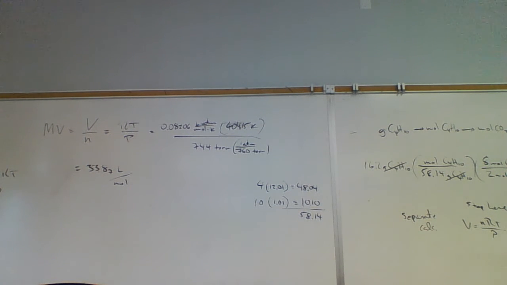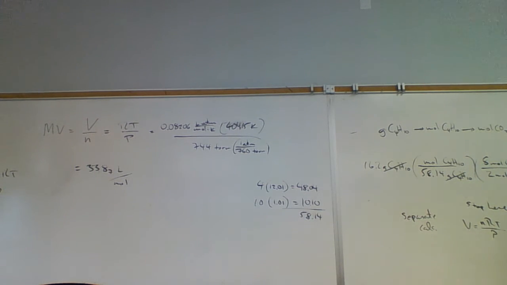So I have to do an ideal gas law calculation, solving for moles of gas, and then plug it in here, and then do another ideal gas law calculation to figure out the volume of CO2. However, if I use option 2, I only have to calculate the molar volume once, so I could use it for C4H10, and I could use it for CO2 because the molar volume works for any gas. So option 2 is the better option.